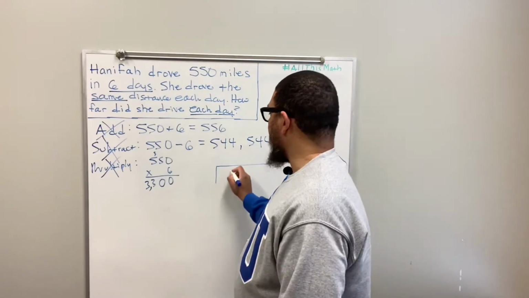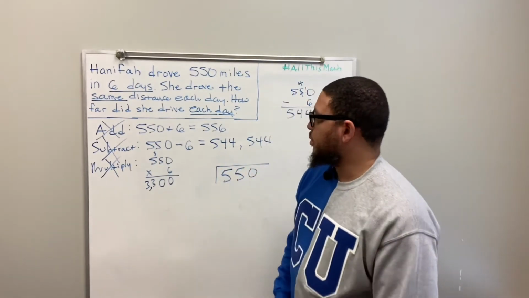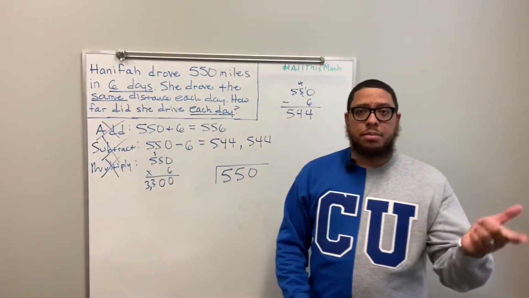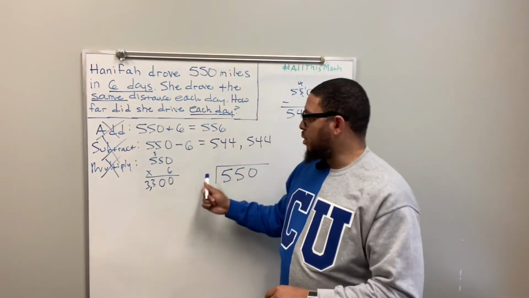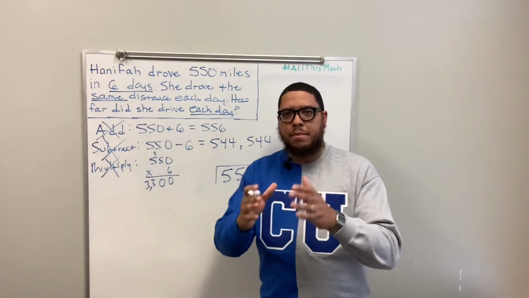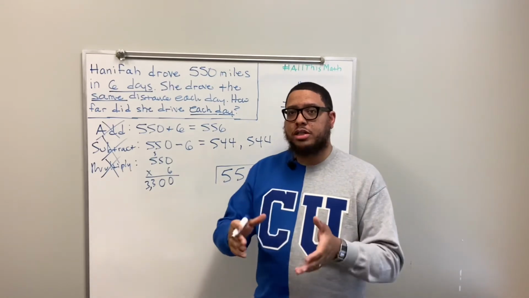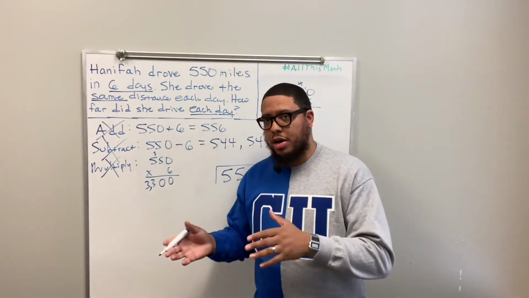So we're going to write the 550 in here like this. All right. Now, the number called the divisor goes outside the vinculum. The divisor tells us how many parts we're breaking it up into, or how large each of the parts is.